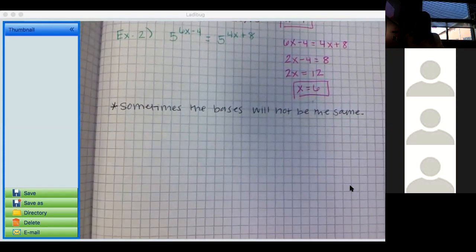What do we do if the bases aren't the same? There's two options. You always check option 1 first.